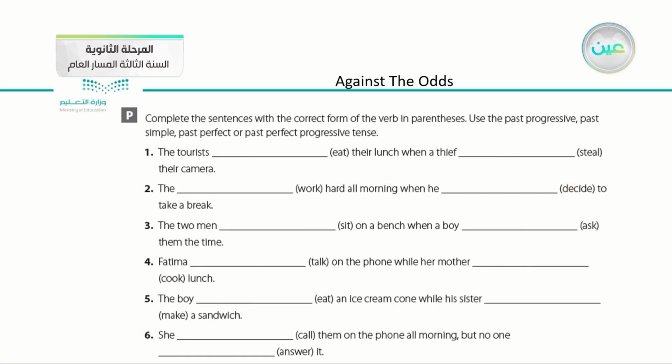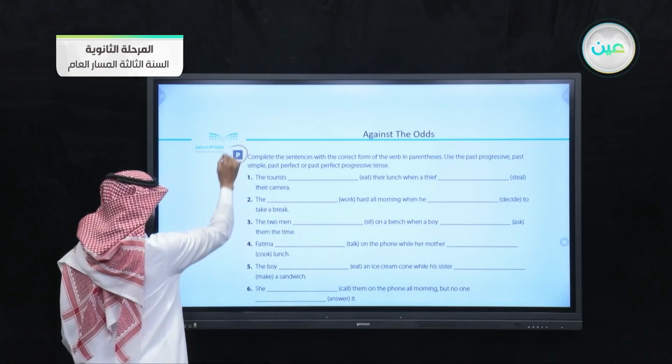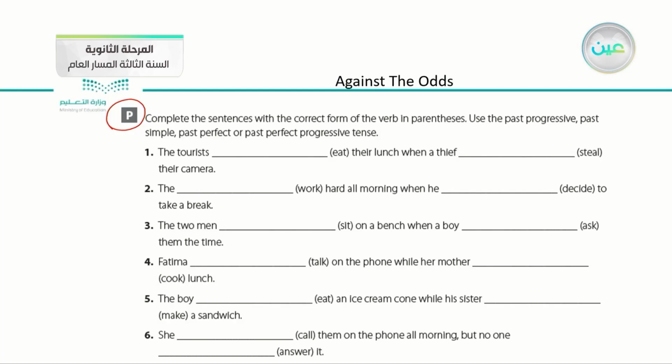I want you to open page 20 in the workbook and go to exercise P. In this exercise, complete the sentences with the correct form of the verb in parentheses. Use the past progressive, past simple, past perfect, or past perfect progressive tense.